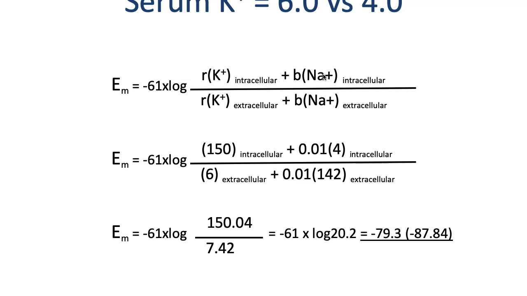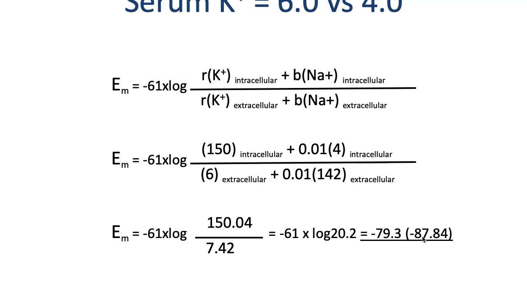Let's keep intracellular and extracellular sodiums the same as before, but remember, they don't really contribute much because of this relative impermeability at rest. But look, we increased extracellular potassium. It was 4 in the last example, now it's 6. All right, let's redo the math. So minus 61 times the log of 150 over 7.4. Okay, so now it's minus 79 millivolts.